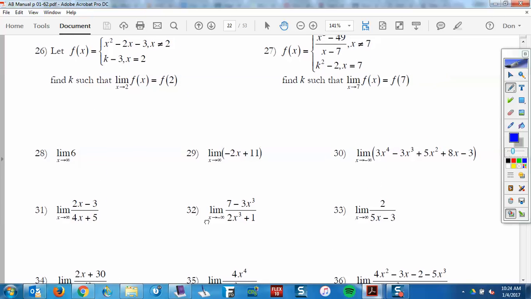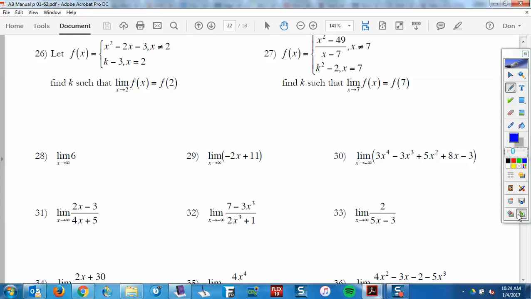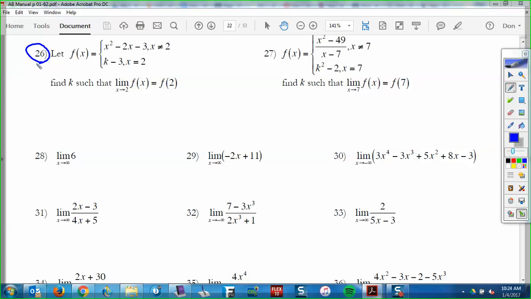Let's do 26. If you get stuck on that one, you can skip down to 32, 33. Those should be easier. And then think about 26.